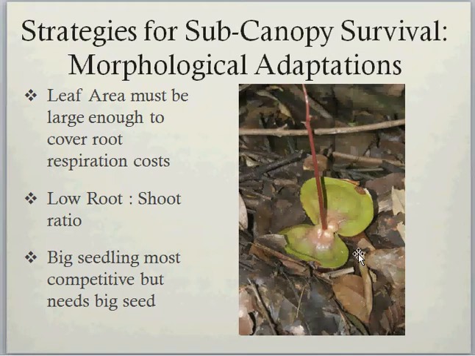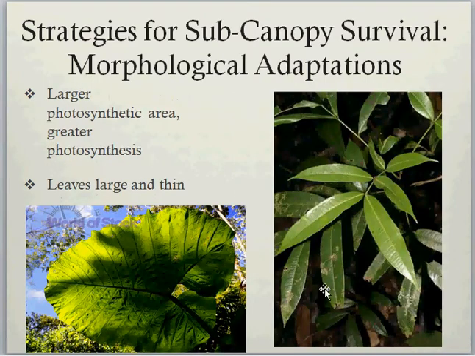This is a picture of a Mora seedling, and because the adult Mora trees create a very low light environment, a very shaded entire canopy with very few sunflecks, Mora seedlings need to be big if they are going to survive.